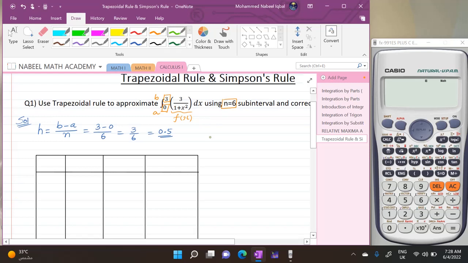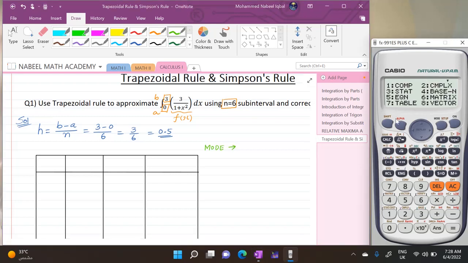Now we are going to see how to calculate the table using the calculator. For that, I have to go first to the mode in the calculator. If I press mode, you will find number 7, which is the table.